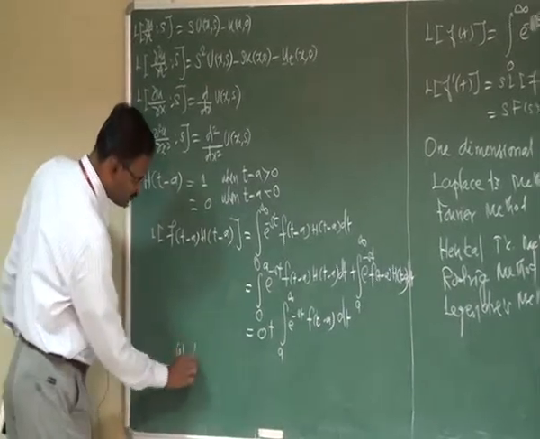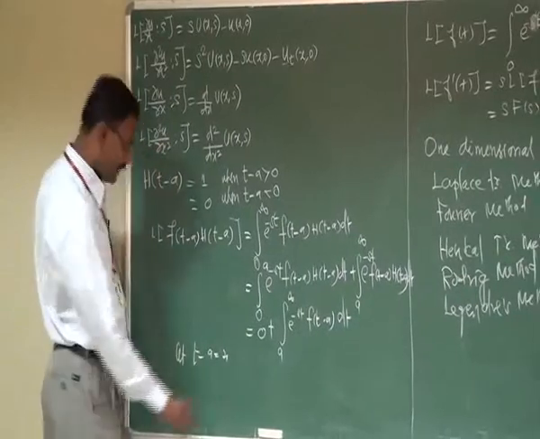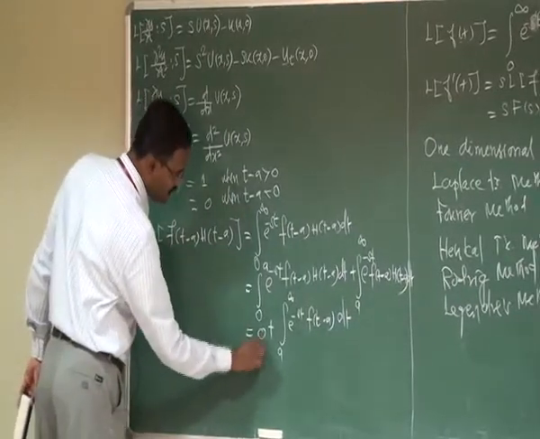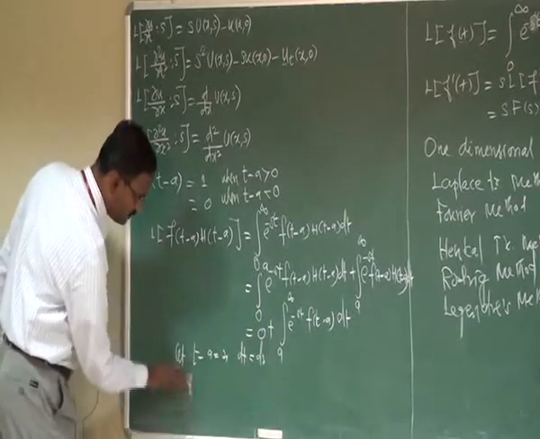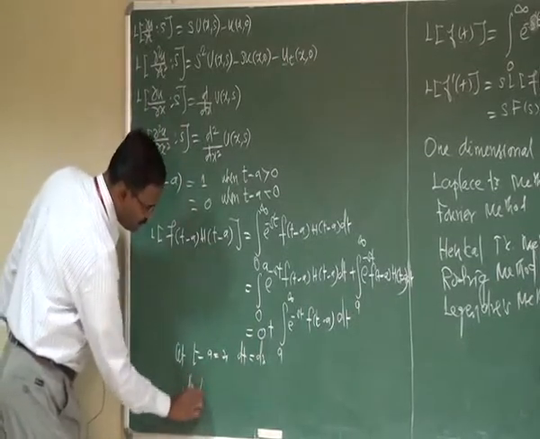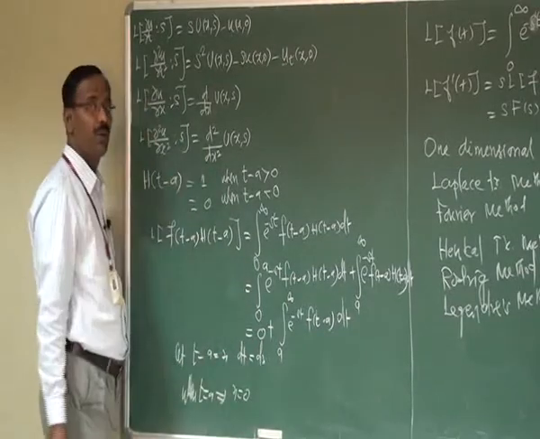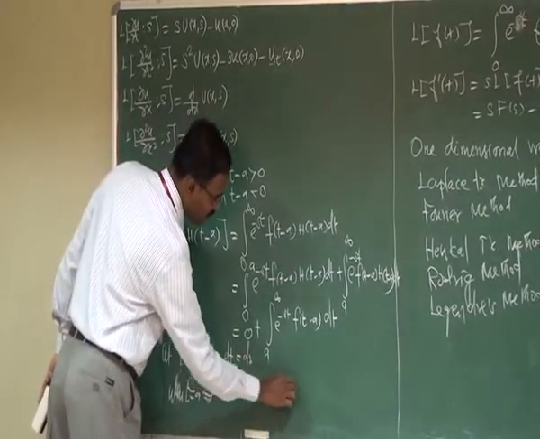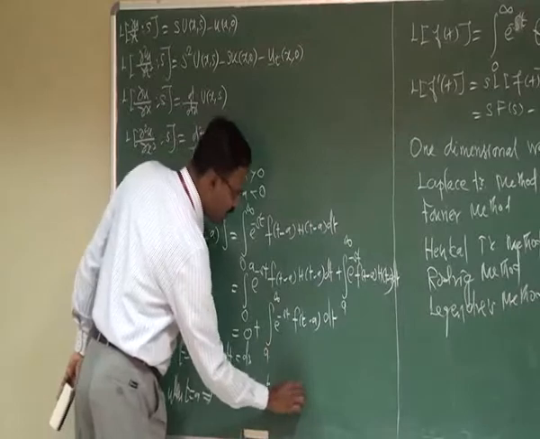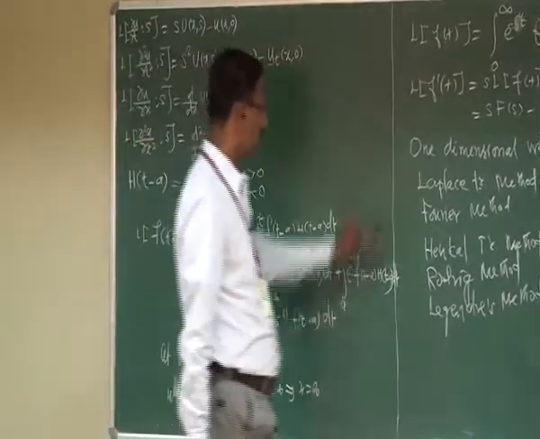Now, let me take the substitution t minus a equal to x. So dt is equal to dx. When t is equal to a, x equals 0, and when t is equal to infinity, x takes the value infinity.